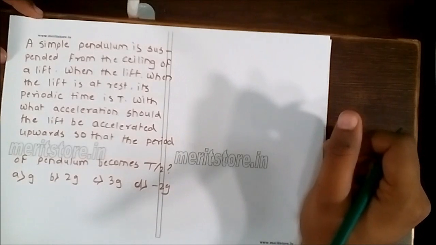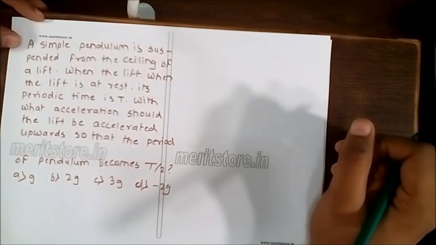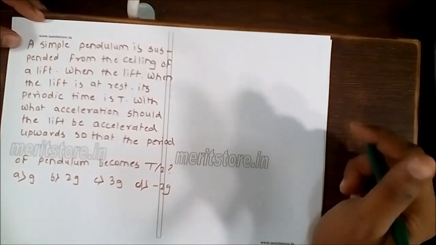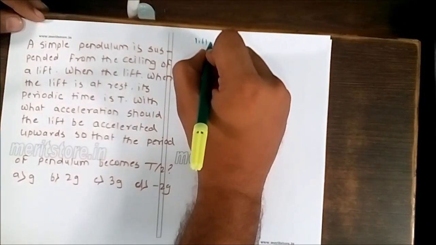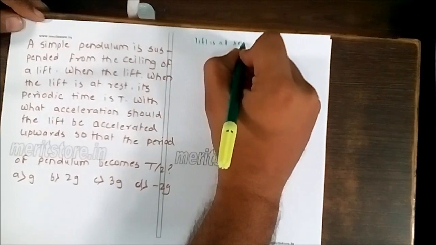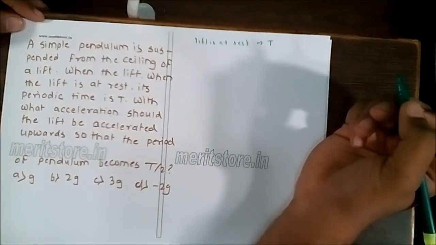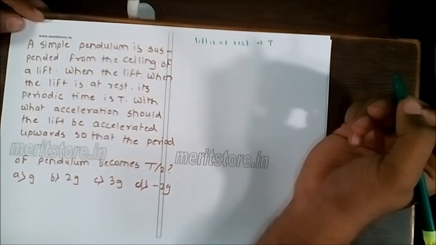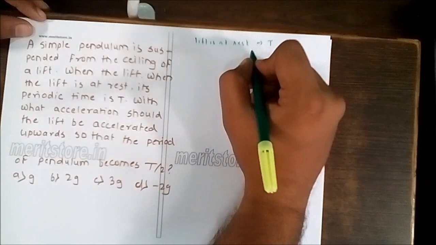A simple pendulum is suspended from the ceiling of a lift. When the lift is at rest, its periodic time is T. With what acceleration should the lift be accelerated upwards so that the period of the pendulum becomes T by 2?